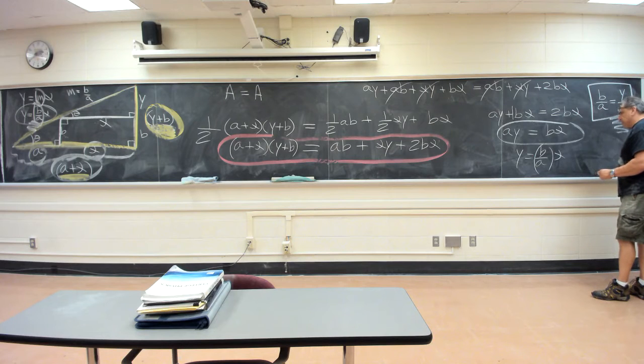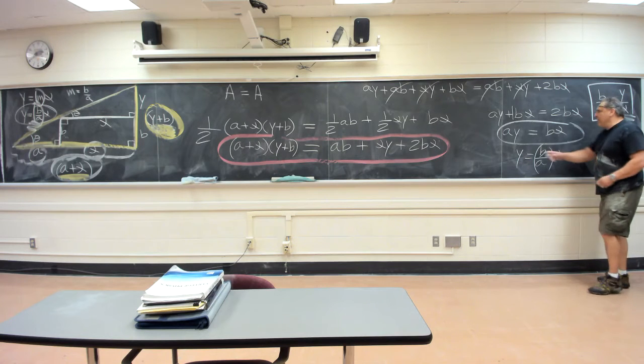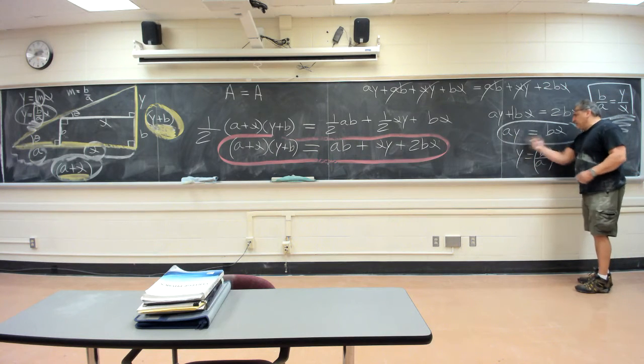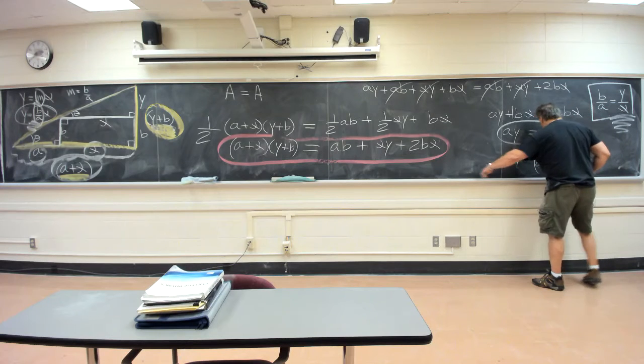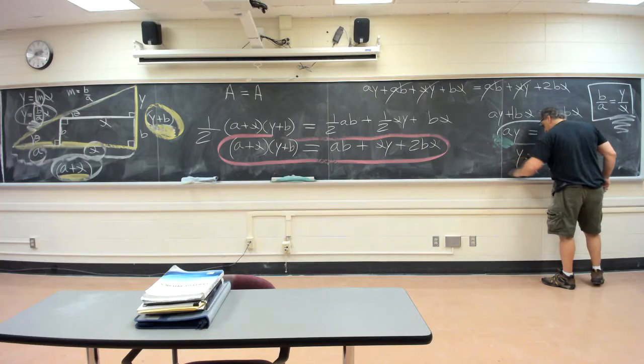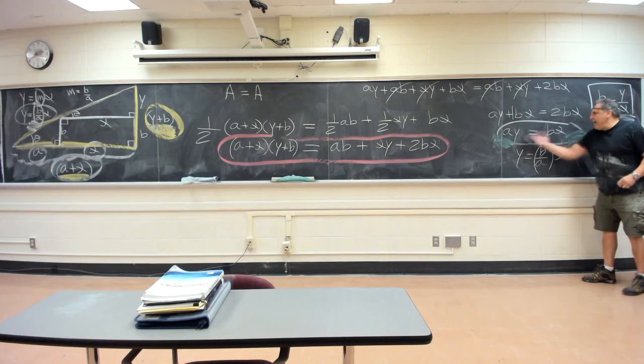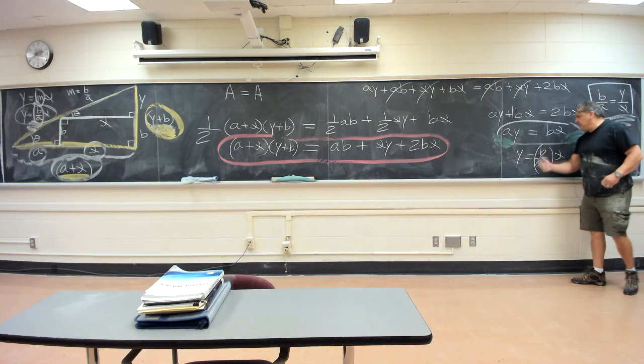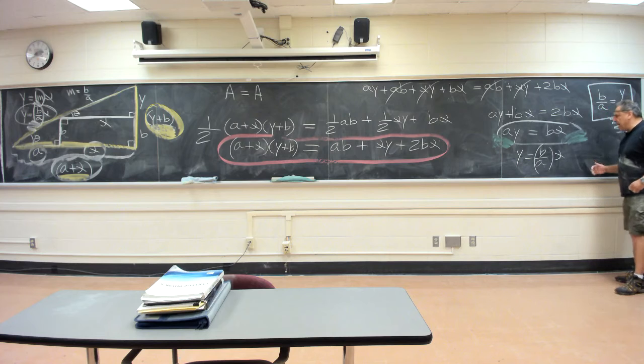I divided by A on each side, then I divided by X on each side, but I'm not going to do that. I'm going to take this equation right here and divide by A on each side, so y equals B over A times X.